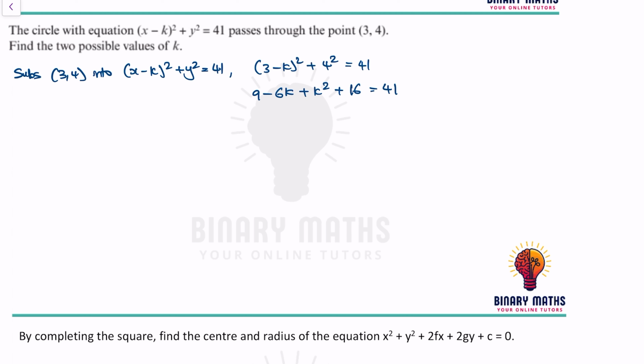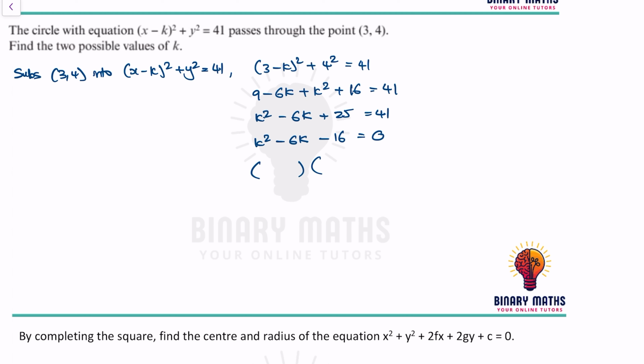So k² take away 6k, 16 plus 9 is 25, so plus 25 is equal to 41. It's a quadratic in front of me, so I need to take the 41 to the left-hand side to make the right-hand side equal to 0. So I get k² − 6k, 25 take away 41 gives me −16, is equal to 0.